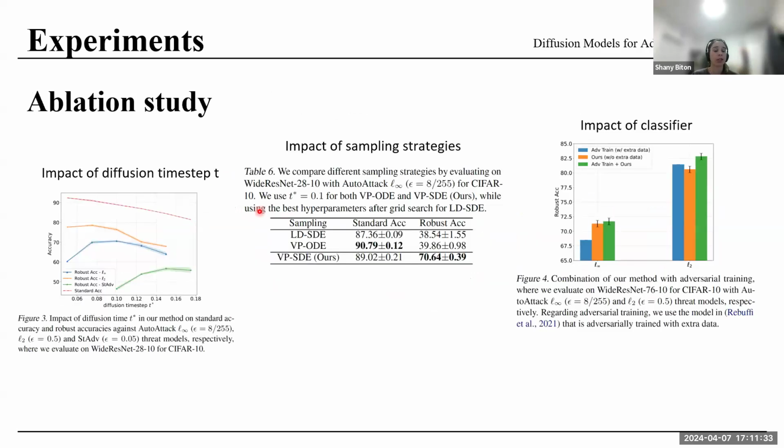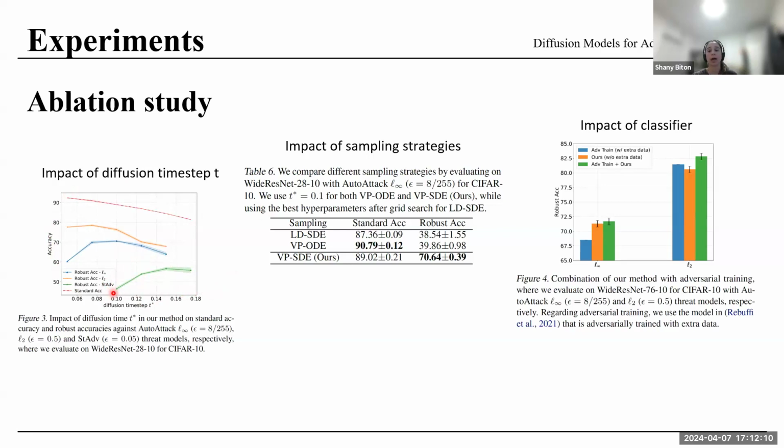Lastly, they did some ablation study. They wanted to test the impact of diffusion timestamp T sampling strategies and the impact of the classifier. So what they showed when looking at the timestamp is that SVDiff had the lowest accuracy in general, and when going from a smaller timestamp to a bigger timestamp, the accuracy got better and better, as opposed to the other attack methods.